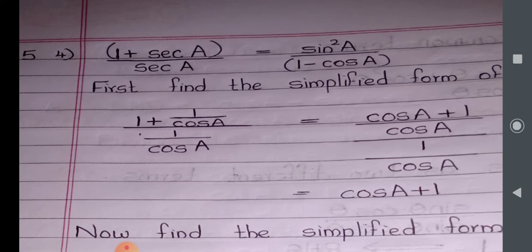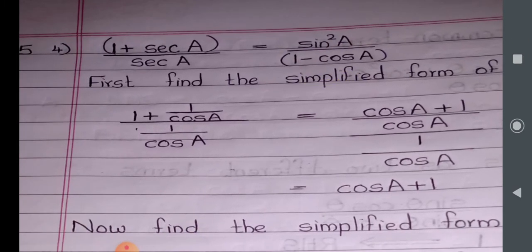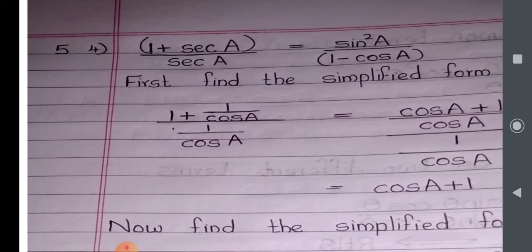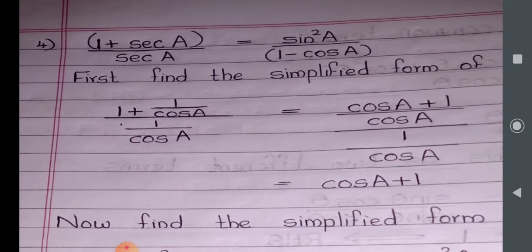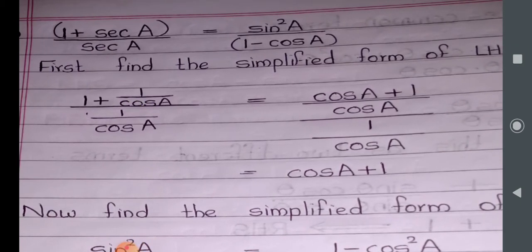So first find the simplified form of LHS. What is LHS? 1 plus sec A by sec A. Now here we can see that sec A can be written as 1 by cos A. In the denominator also you have sec A, that is 1 by cos A. That cos A I am taking to the numerator, that is cos A plus 1 by cos A, that is cross multiplication.